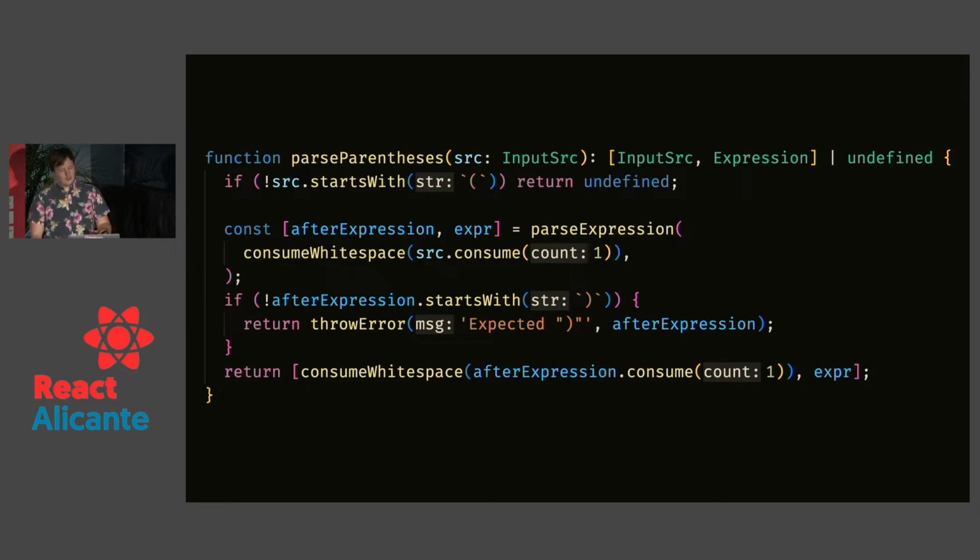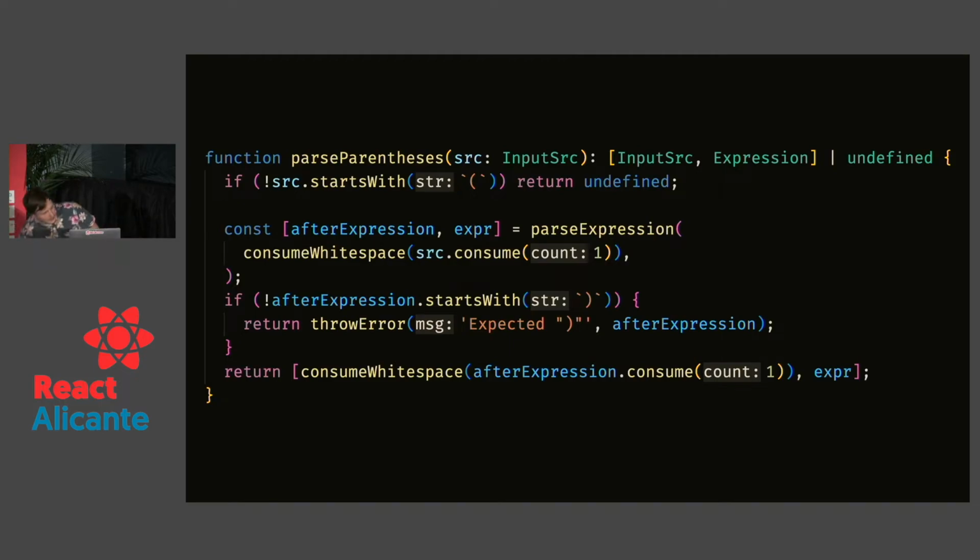We've now got to look at parsing parentheses. This looks pretty similar. We first see if the remaining string starts with an open parenthesis. If it doesn't, then we can return undefined because clearly the start of the string is not parentheses. We can't parse parentheses at this location. If it does start with a parenthesis, we'll consume that first character, along with any white space that comes after it.